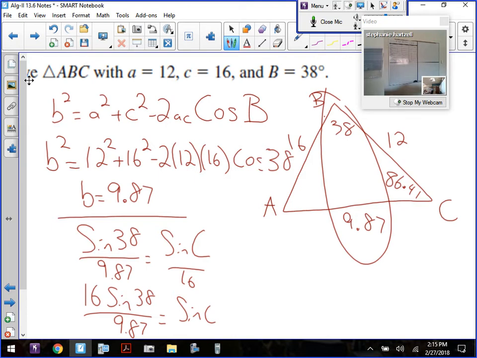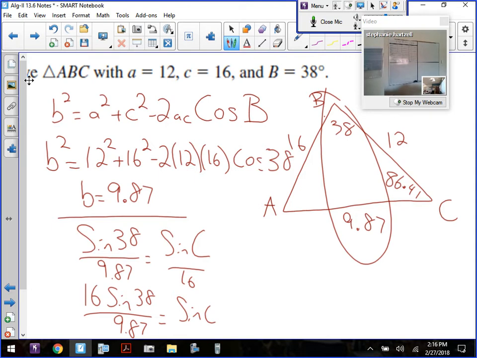But what I have decided, because it just gets to be real tedious, for law of cosines only, if you have to start your problem to solve the triangle with law of cosines, you do not need to check for ambiguous. Is that fair? Yeah, with law of cosines. If your first scenario is a side angle side or a side side side, I'm not going to ask that you check for ambiguous case. If you have to start the problem with law of cosines, you don't have to use ambiguous.